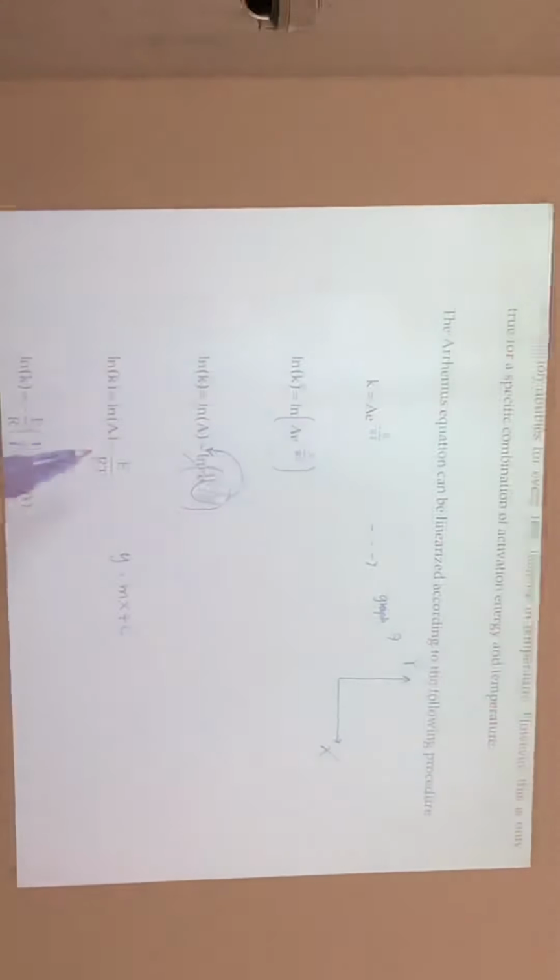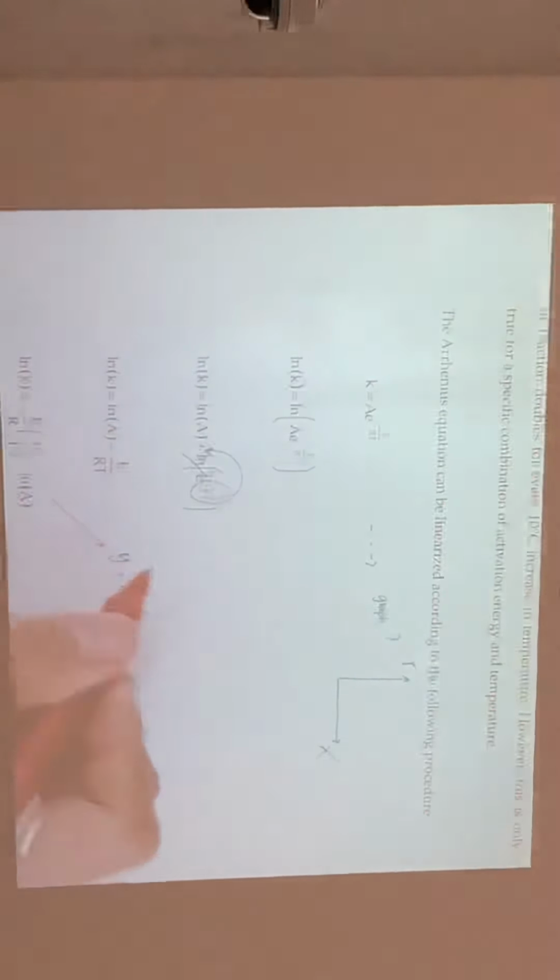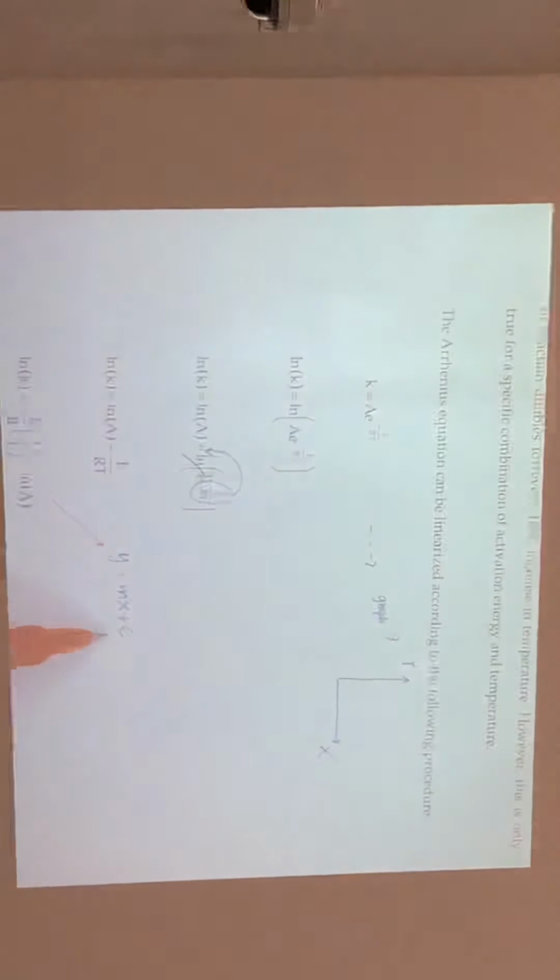This equation, we rearrange it. So when we rearrange, we get ln k equals minus E over R times 1 over T plus ln A. Okay, so what is this? If you link this to y equals mx plus c, you can see that y is ln k, right?